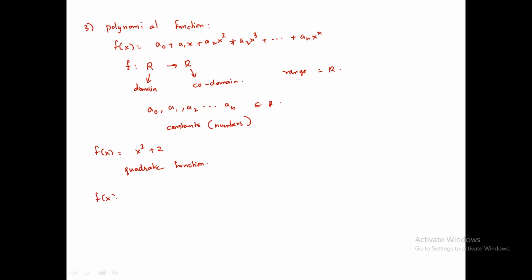If I write the function x plus 2, this is a linear function. If I write f of x equal to x cube plus 2, it's a cubic function. Like this, different degrees, different names are given for such functions, for polynomial functions especially.